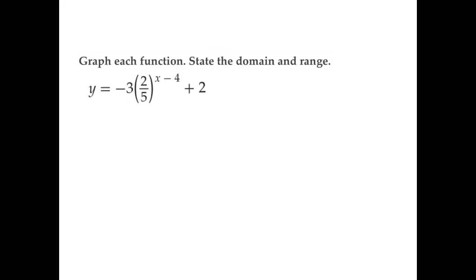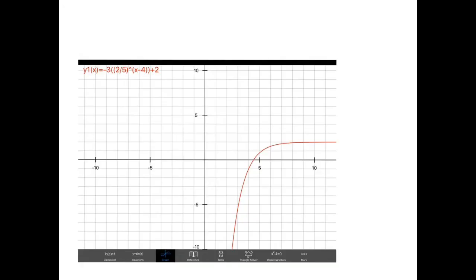So that's going to happen here because this first term is negative. This is the a. Okay, and so it takes the graph and flips it over, which means my range is going to be affected. The domain is still going to be all real numbers, but now instead of having a boundary and going above it, we're going to have a boundary and we're going to go below it, okay? Which means the y in the range is now less than 2.